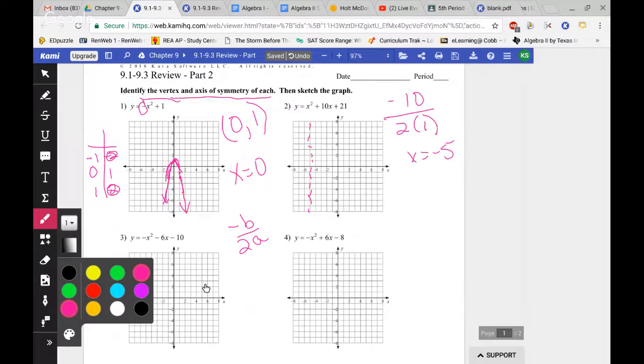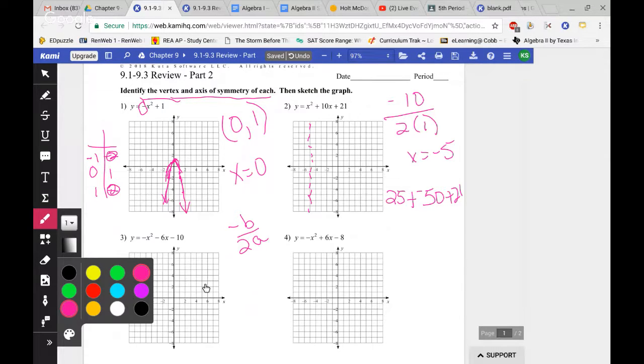So -5 squared is 25 plus 10 times -5 is -50, and then plus 21.